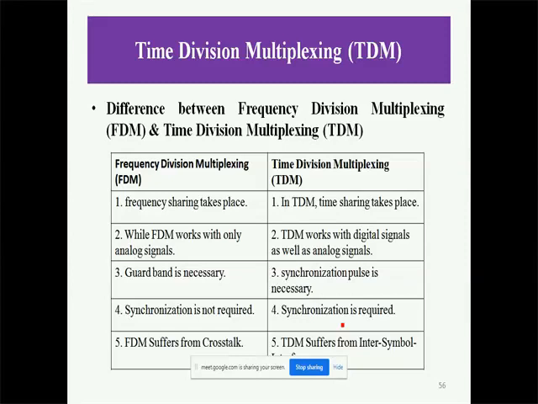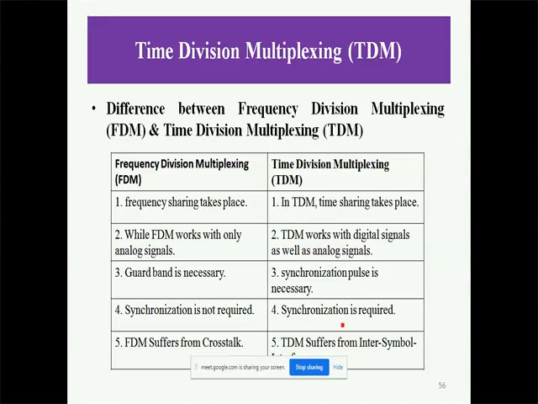And last but not least, the difference between frequency division multiplexing and time division multiplexing. FDM means sharing of the frequency domain, and in TDM, time sharing takes place. FDM works only with analog signals, but TDM works with both analog and digital signals. In FDM a guard band is required to avoid overlapping of signals, but in TDM a synchronization pulse is required.